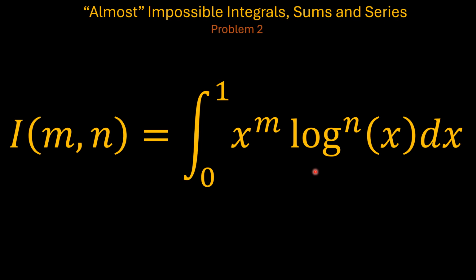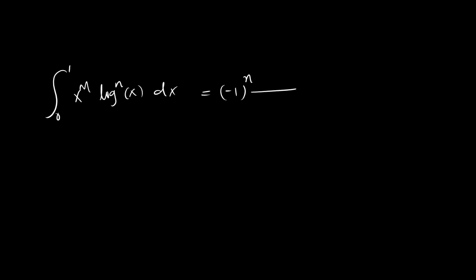This is an interesting problem. So what we'll do is we'll begin with the solution, then we'll move forward to show how to solve it. The definite integral from x equals 0 to x equals 1 of x to the power m times natural logarithm of x to the power n is essentially equal to negative 1 to the power n times n factorial over m plus 1 to the power n plus 1.